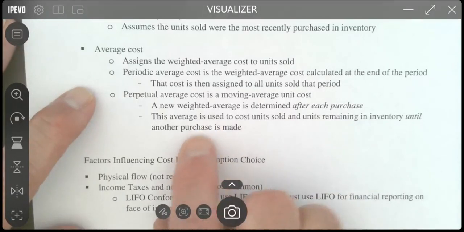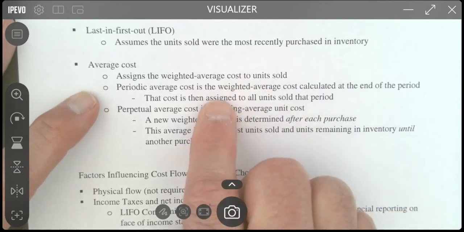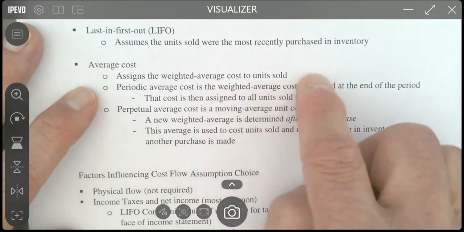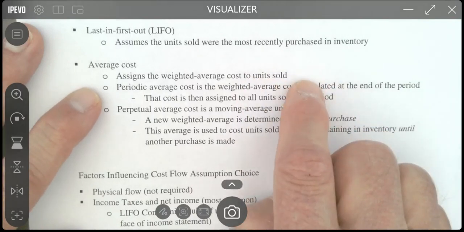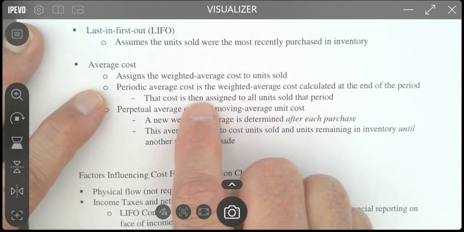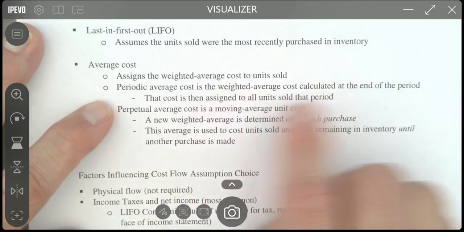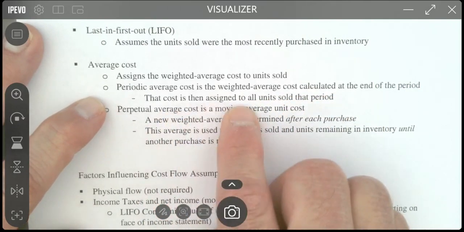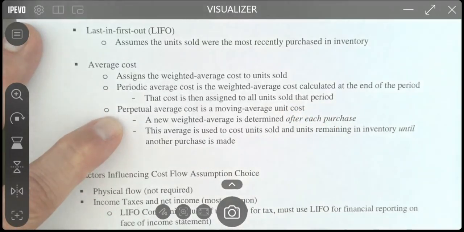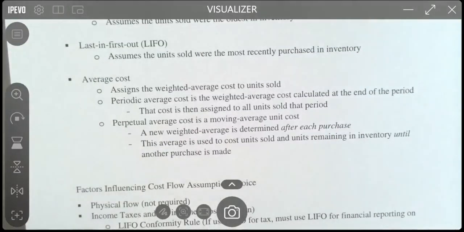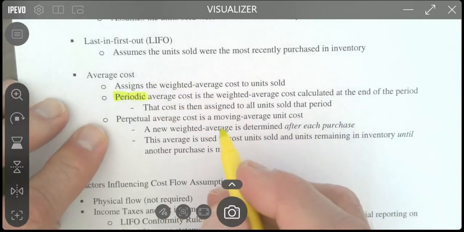And then average cost. Average cost assigns the weighted average cost to each unit sold, or each unit available for sale, either sold or in ending inventory. The periodic average cost is the weighted average cost calculated at the end of the period. Then the cost is assigned to all units sold that period. That's the average cost with the periodic system.